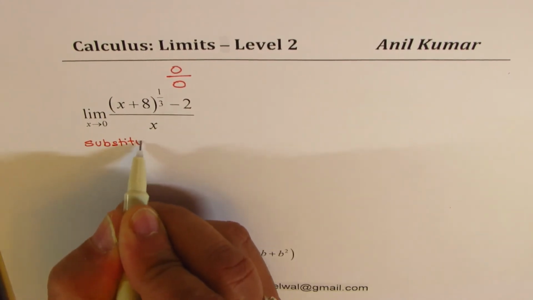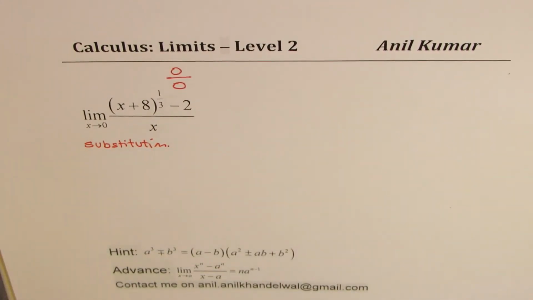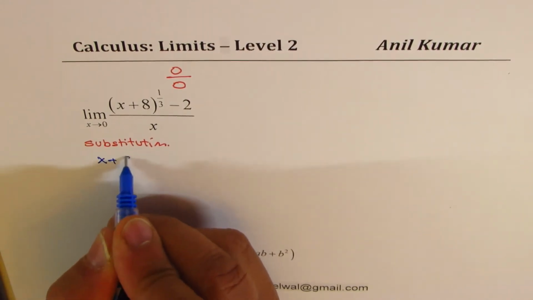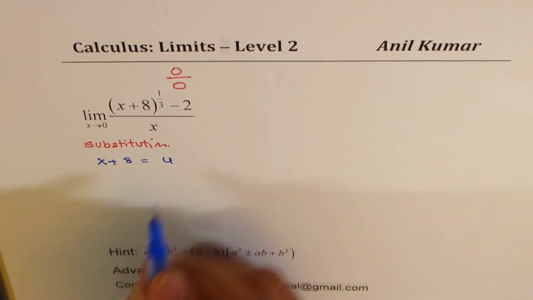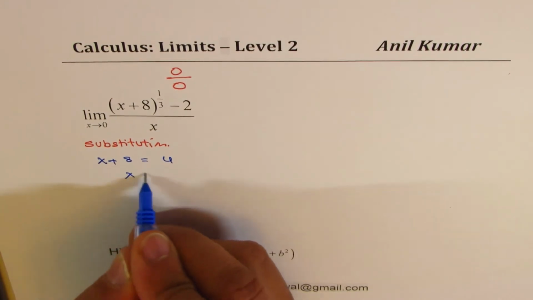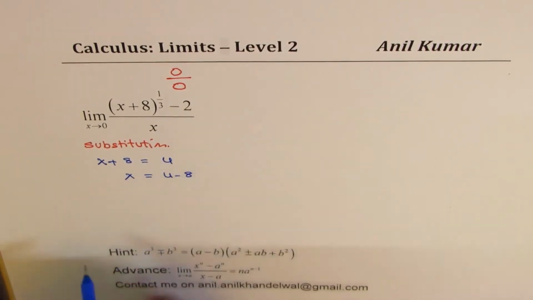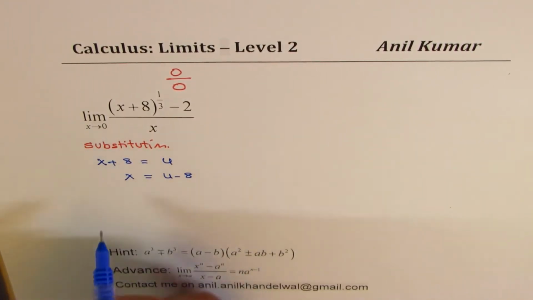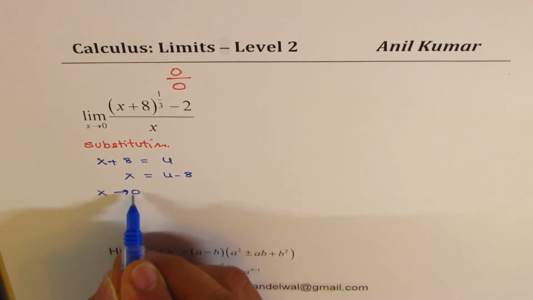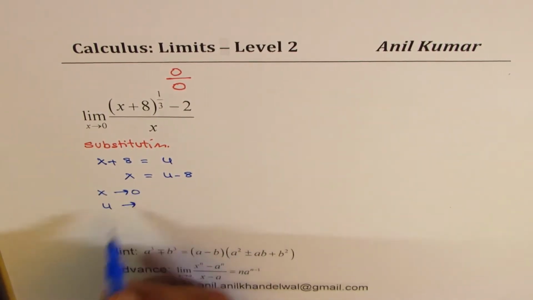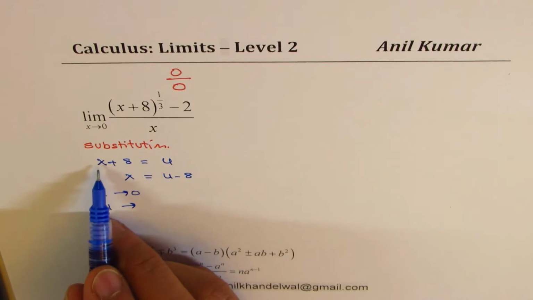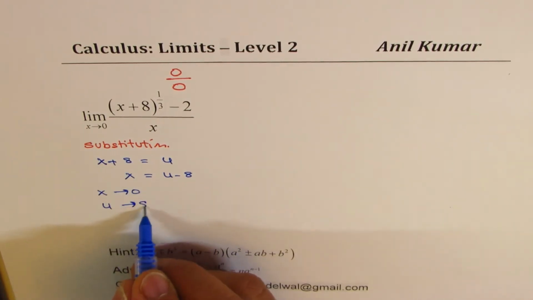So substitution. What you could do is that you could substitute x plus 8 as some other variable, let's say u. In that case, x will be equals to u minus 8, right? And also the limit as x approaches 0, u approaches what value? If x approaches 0, u approaches 8.